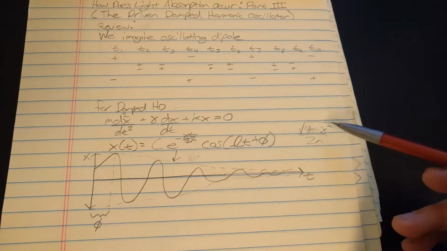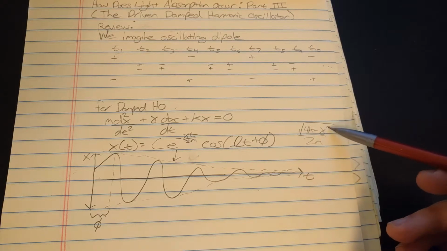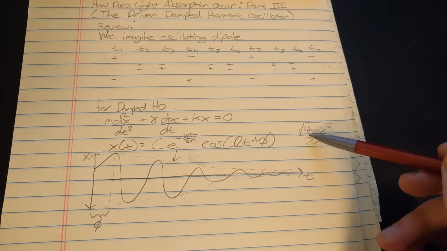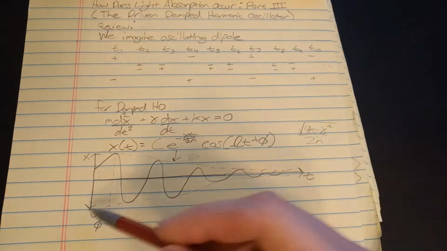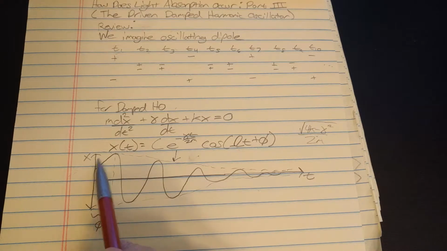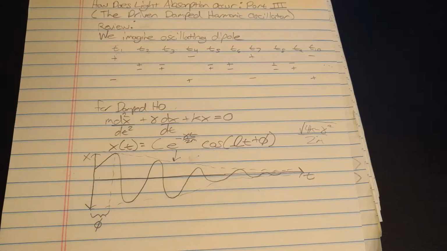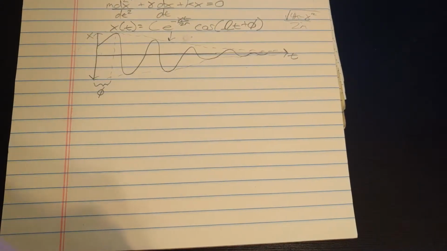So our omega was equal to this. I might be wrong by a factor of 2 though. And then our phi was just some phase shift. So a cosine would normally have its highest point at the origin, but this is a little bit shifted. Okay, so that was just a little bit of reminding of what we've been talking about.